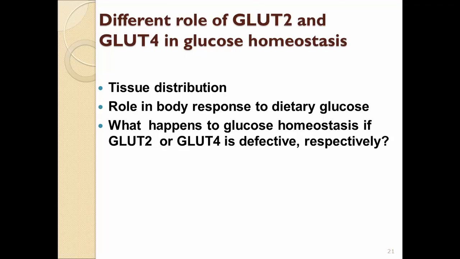We already explained that GLUT2 and GLUT4 are very important transporters in terms of the regulation of glucose homeostasis. So the question for this informal writing is: what happens to glucose homeostasis if GLUT2 or GLUT4 is defective, right? You guys work together. It's an open book discussion, you can work together, but you need to turn in your own individually, right?